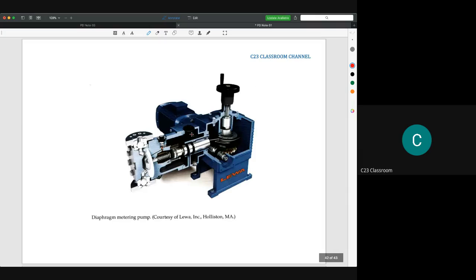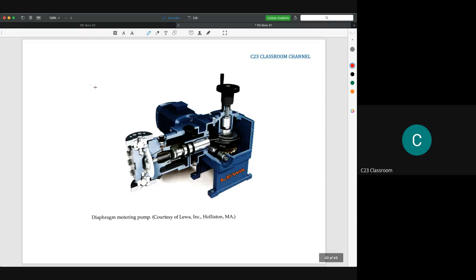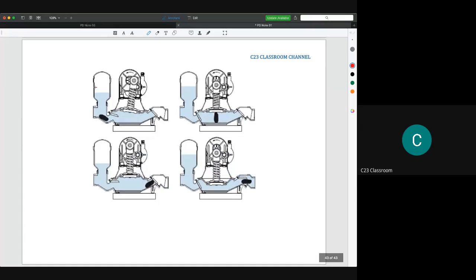Okay, and then the diaphragm pump like this one. This is the diaphragm pump because it has a diaphragm. This is the real one, but in a schematic sketch it can be shown like this one. We have the rotating device here, we have a crankshaft, and then we have a diaphragm here.